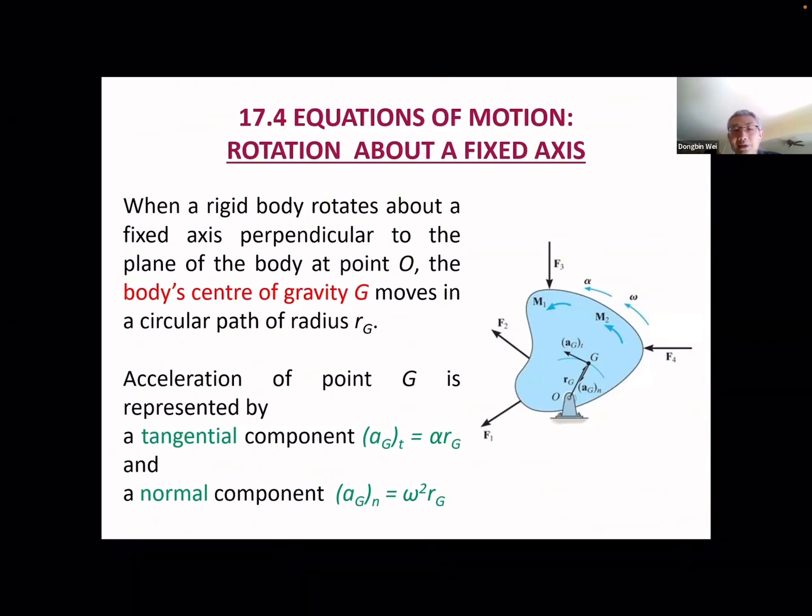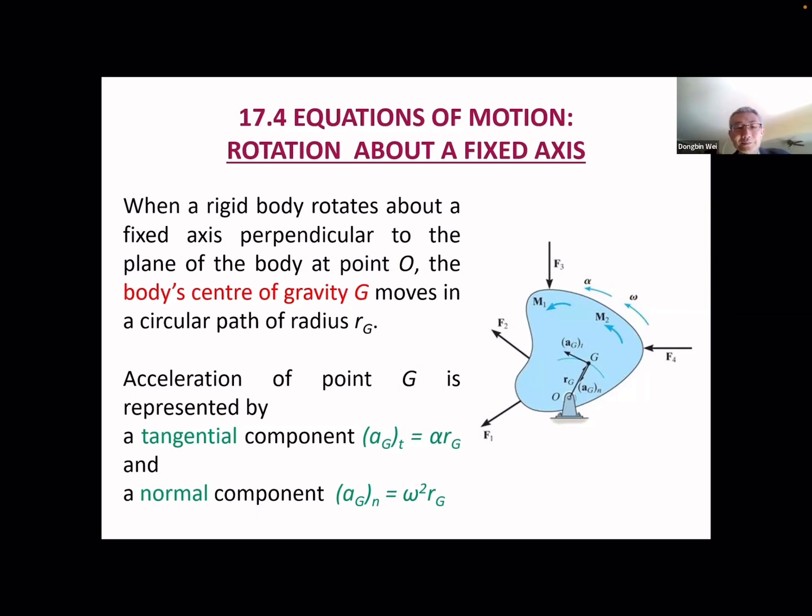For the normal component, it should be omega square, where omega is the angular velocity, times the distance from G to O. For the tangential component, the magnitude is angular acceleration alpha times the distance from G to O.